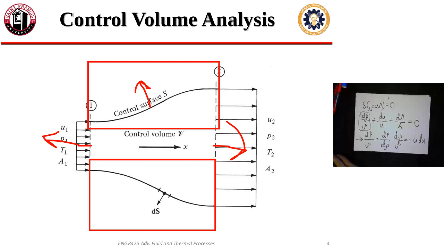We also know that this relationship is only true for isentropic flow. So again, just keep in mind adiabatic and inviscid isentropic flow here.